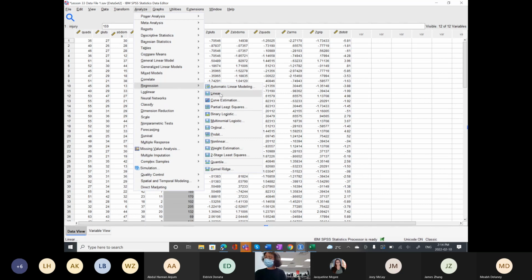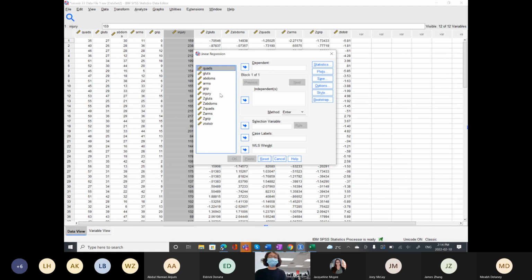After that, select Linear. So injury is the dependent variable. The independent variable is the Z total we just created.